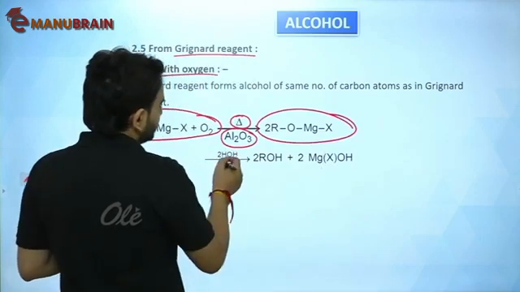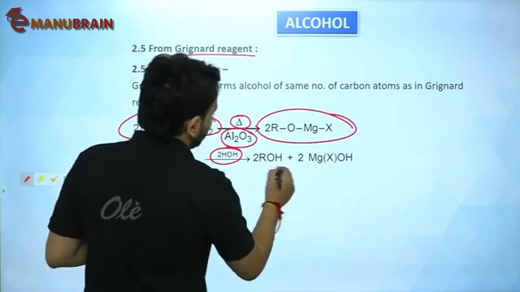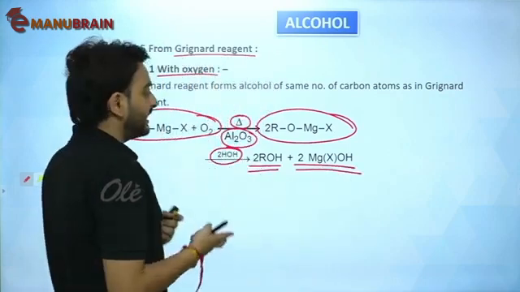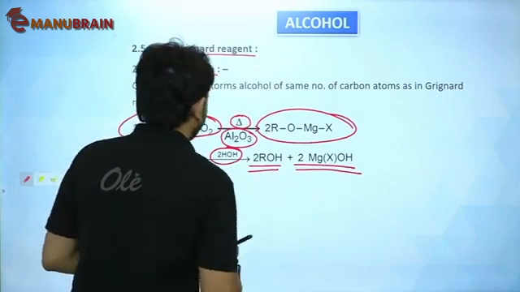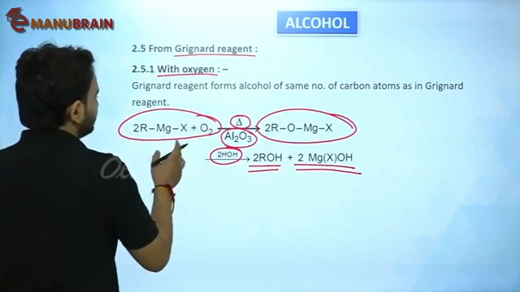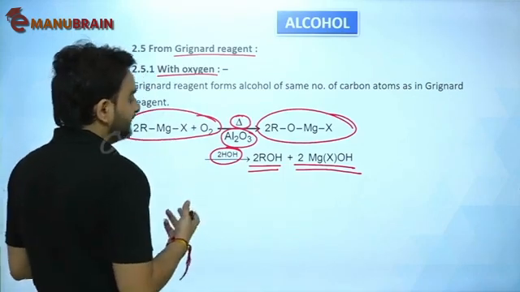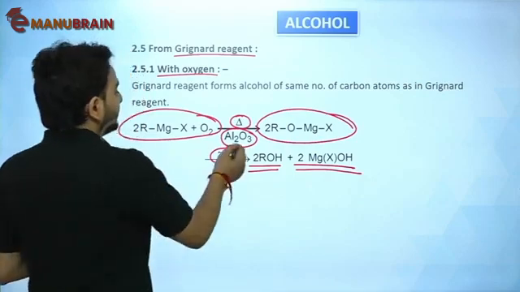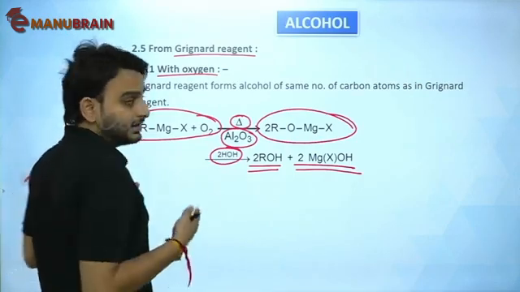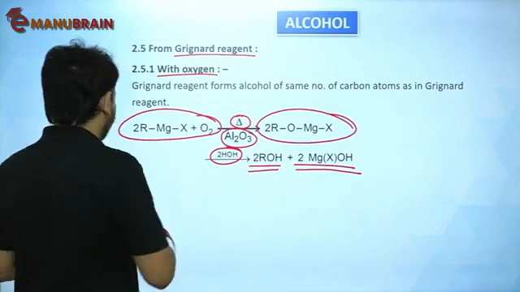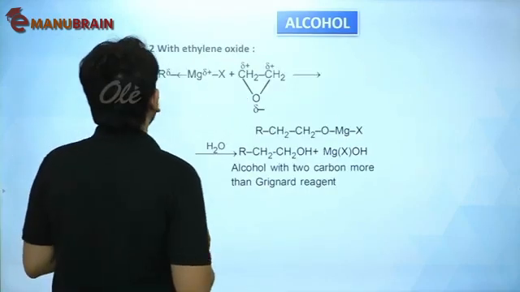And when you hydrolyze it, ROH will be formed and MgXOH will be left out. So remember, RMgX, when you oxidize it in the presence of aluminium oxide and heat it, and then finally subject it to hydration, you'll get an alcohol, and MgXOH will be formed with it. I hope you've understood this, guys.